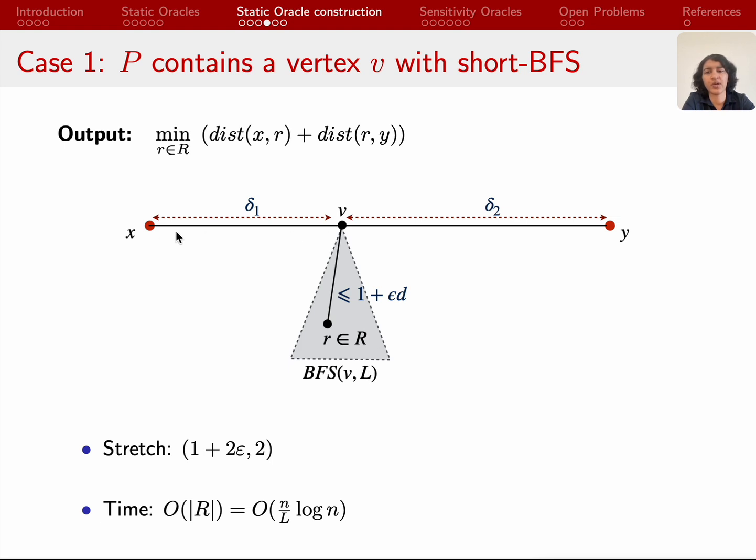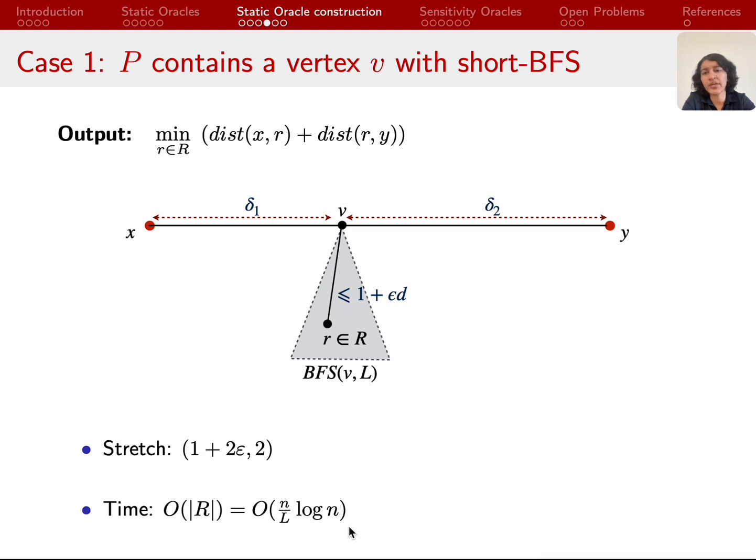For the resultant path, the stretch will be at most d plus twice this term, which was 1 plus epsilon d, and this will turn out to be d times 1 plus 2 epsilon and an additive value of 2. So the stretch will be 1 plus 2 epsilon comma 2. Now since we have stored the partial distance matrix, the time to report distance in this scenario is just the cardinality of R, which is n by L log n. So this is case 1.